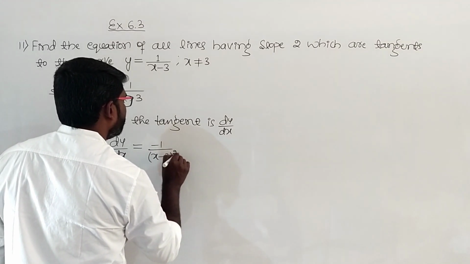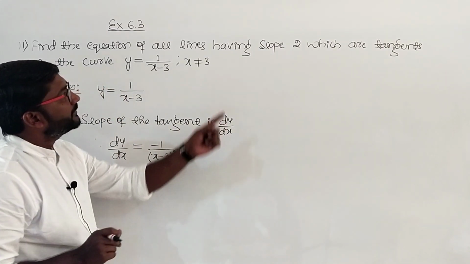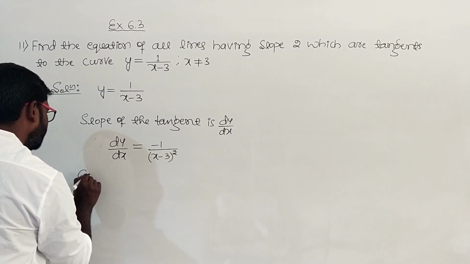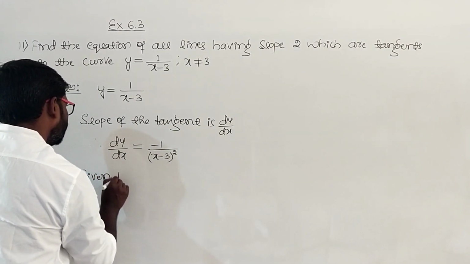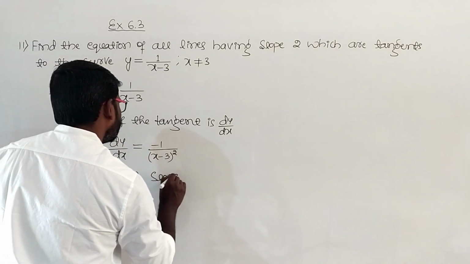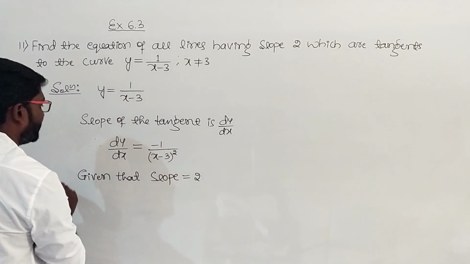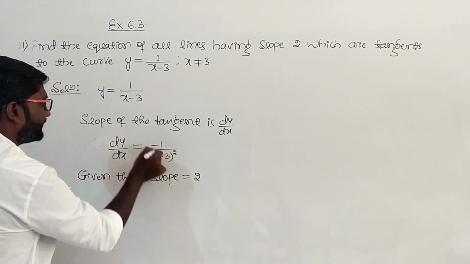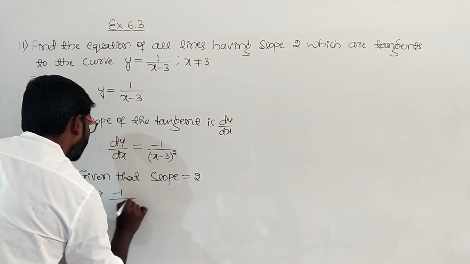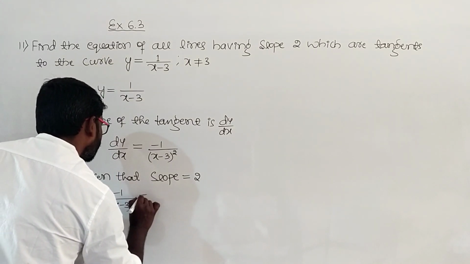But he has given that the slope is 2. So given slope equals 2, then equate these two now. This implies minus 1 divided by x minus 3 the whole square equals 2.